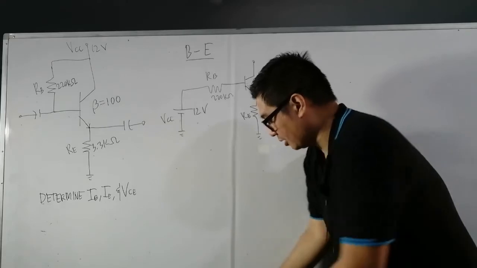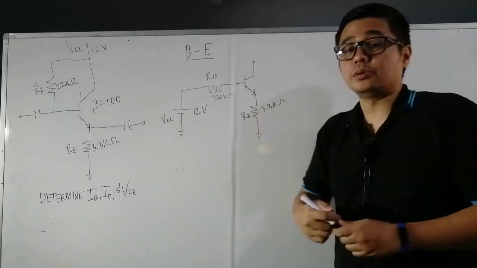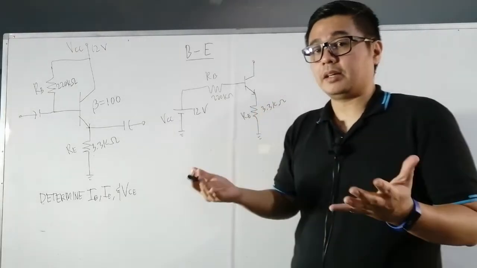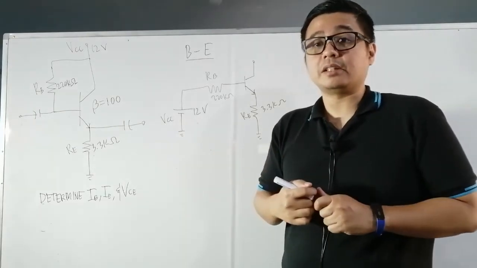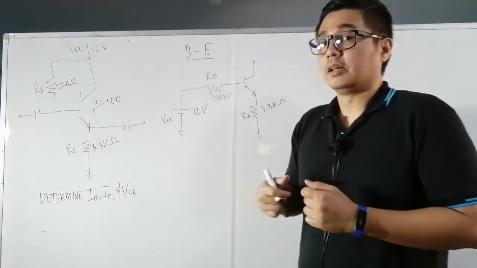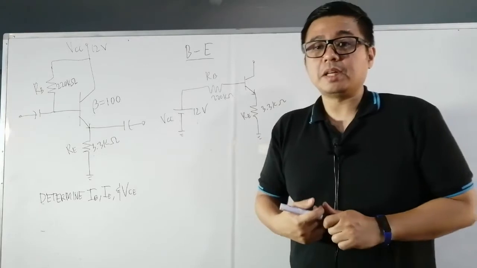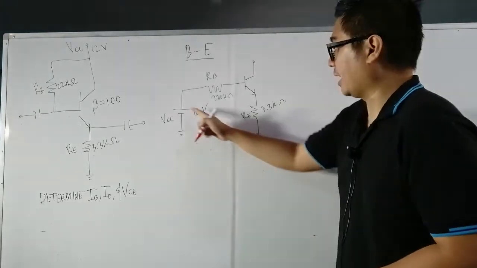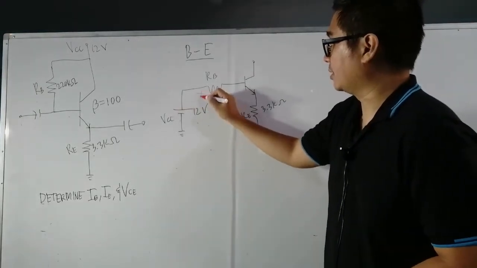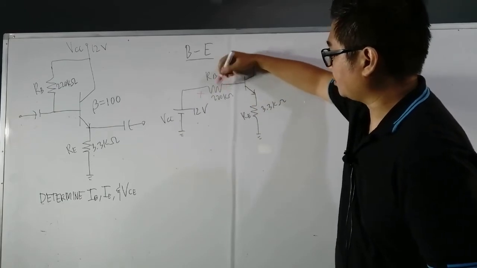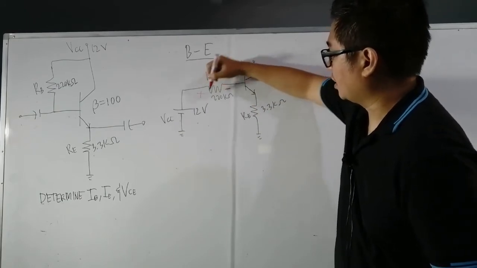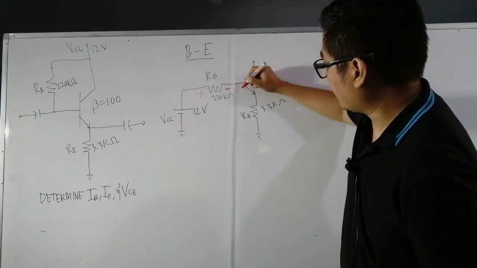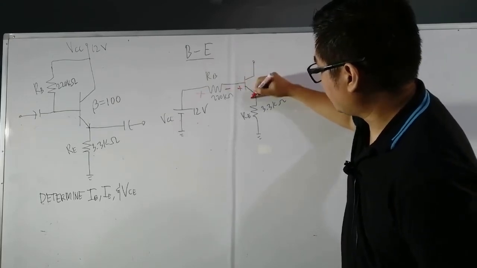Ang susunod na step naman dito is to write down the induced polarities and the current. So, paulit-ulit lang yung gagawin natin for DC analysis. No? Similar methods to determine the DC parameters. Alright? This is plus, and then minus. We also have plus here, and minus.